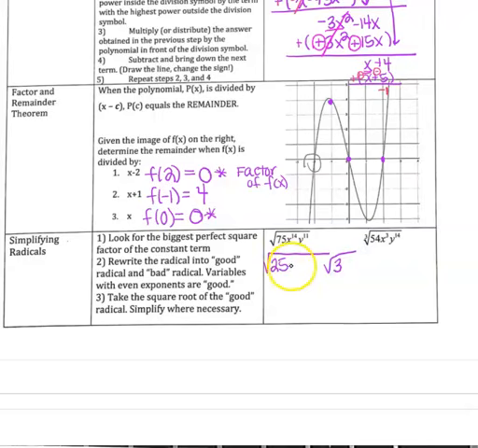As far as the variables go, I'm going to take every even exponent. But keep in mind that y to the 11th means I have a leftover y to the first that I'm going to put in my bad radical, if you will. Now that I have it split up into good and bad, I just take the square root. Notice how I'm just dividing the exponents by 2, and that's my final answer.